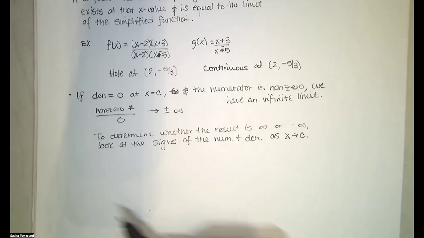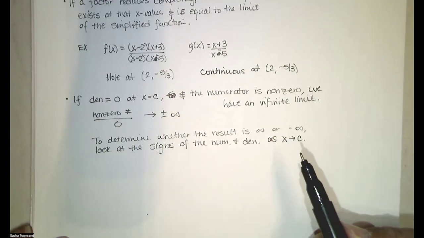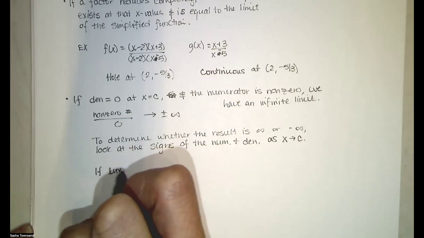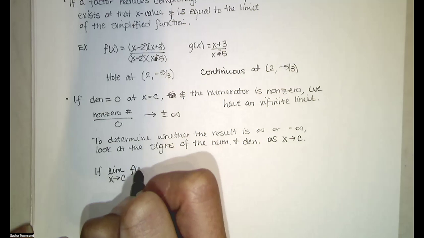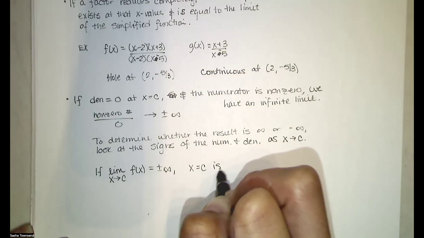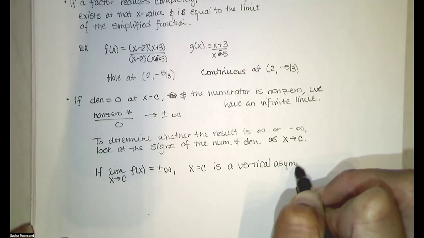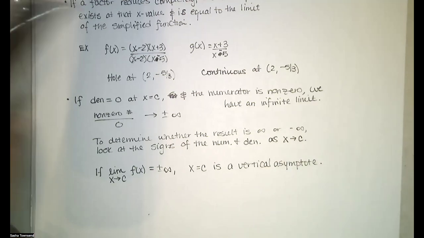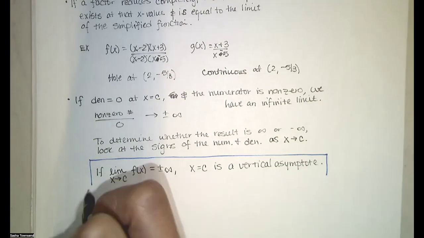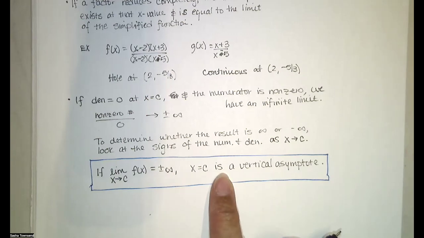Now these infinite limits correspond to vertical asymptotes. So if we get positive infinity or negative infinity, we know we've got a vertical asymptote there.